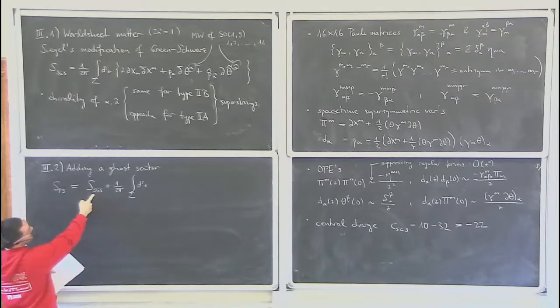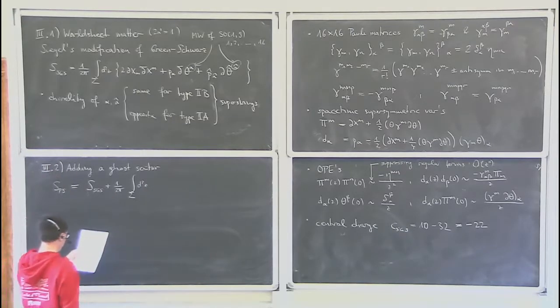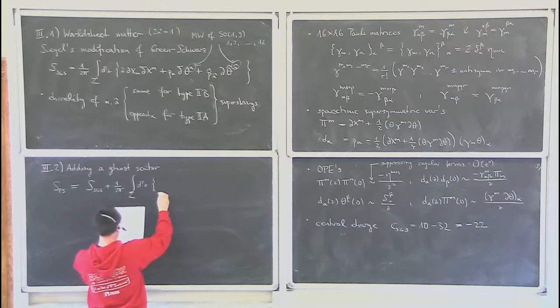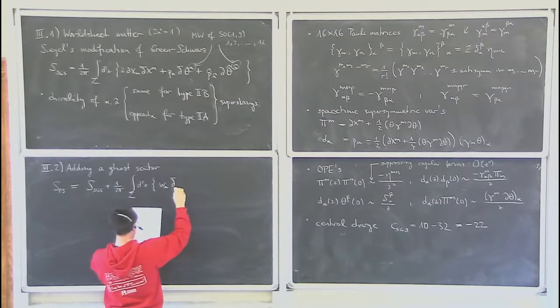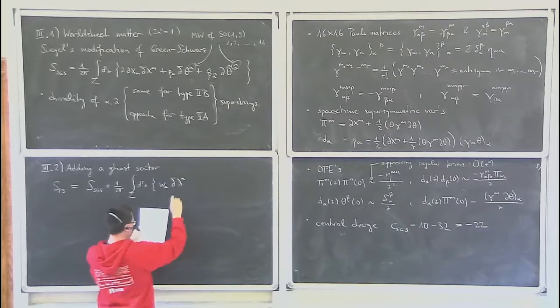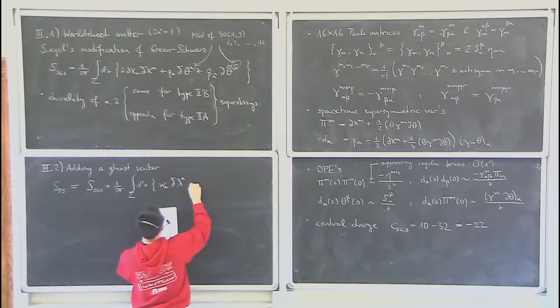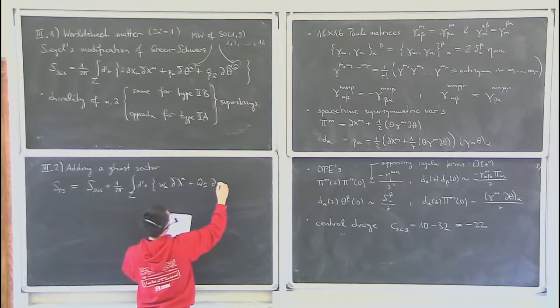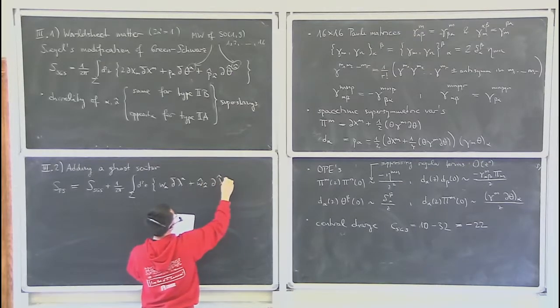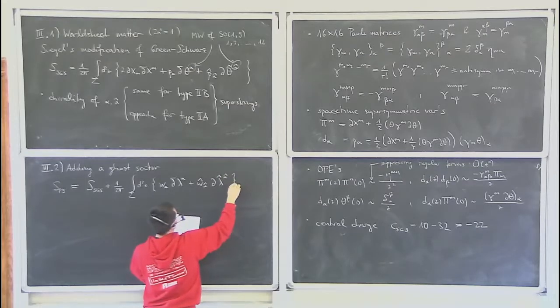Take the matter action up there, and let's add a pair of ghost fields called W and lambda, both of which carry a spinor index. And there's again the story with left and right movers where you need to make a choice for the relative chirality.